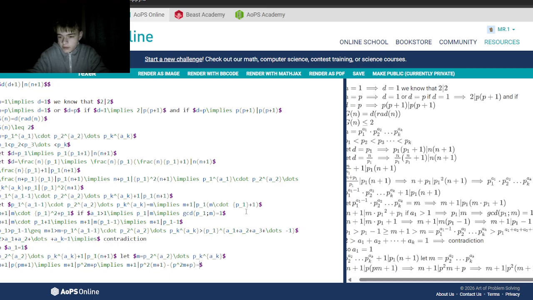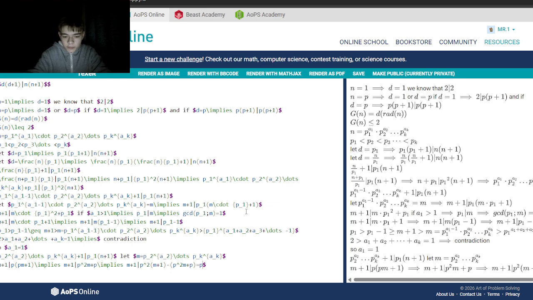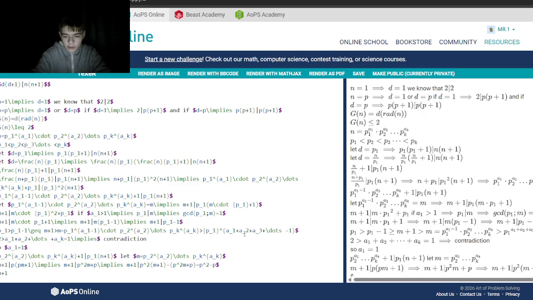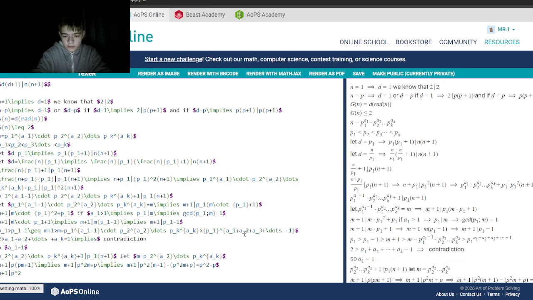And this is simply equal to p squared minus p. So we have m plus 1 divides p squared minus p.